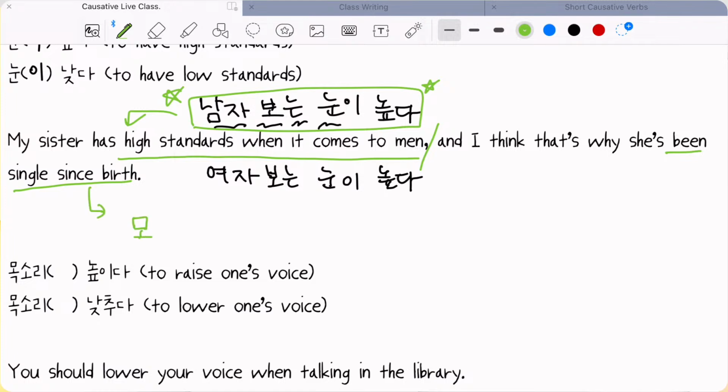It's 모쏠. 모쏠 여러분, 모쏠 들어봤어요? 혹시 모쏠? 모쏠 is the acronym of 모태 솔로, or contraction of 모태 솔로, which literally means you've been solo ever since you were in your mother's womb. So it's like single since birth. 모쏠, 모쏠.